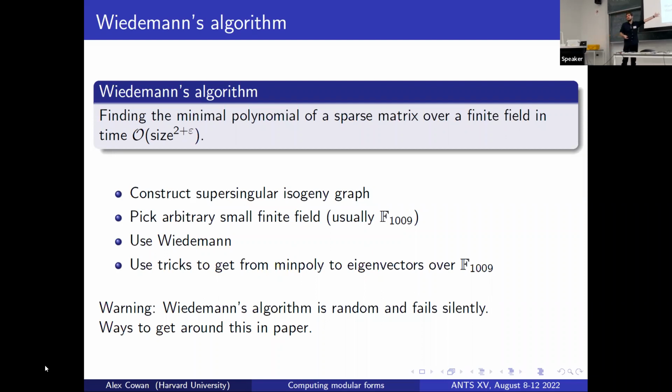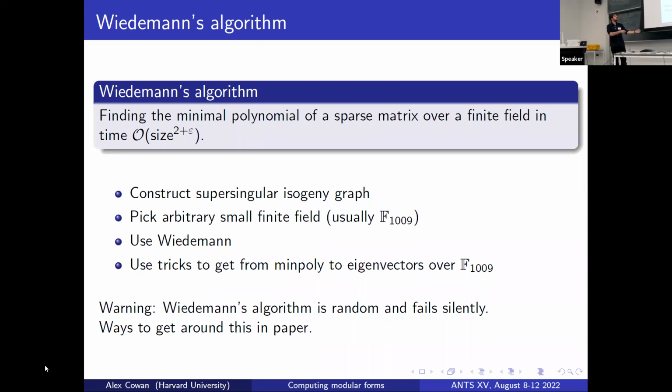It's technical and the details are in the paper, but that's maybe the biggest change to the algorithm. We know the degree of the characteristic polynomial, but not the minimal polynomial. So we're going to modify Wiedemann's algorithm so that we get the characteristic polynomial, and then we can just compare degrees and see that we got it.